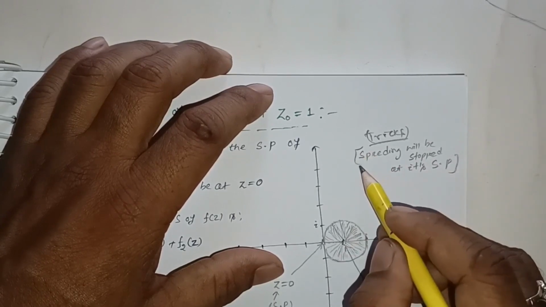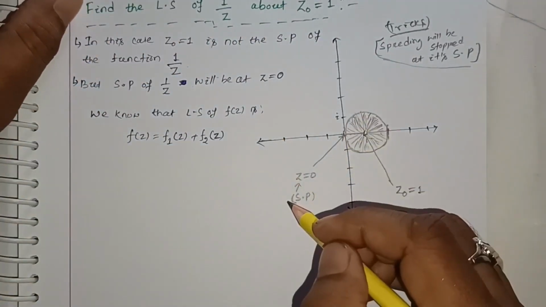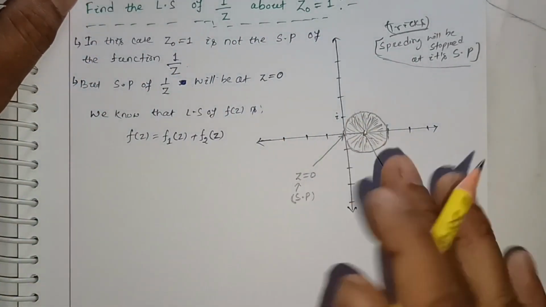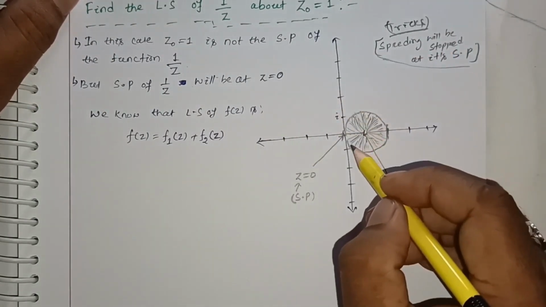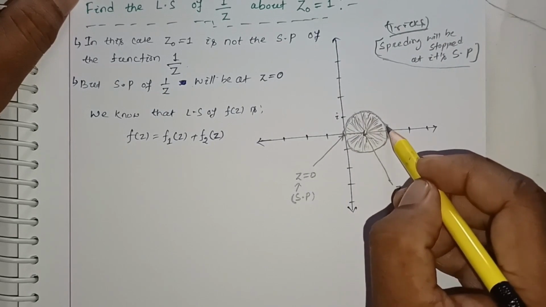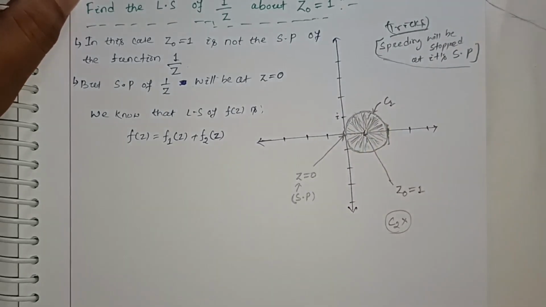So this is the trick you just remember. That means we have to consider this region to solve this question. So from here, if the function is going to spread, it will create this region. So this region or boundary is nothing but the so-called C1, right?